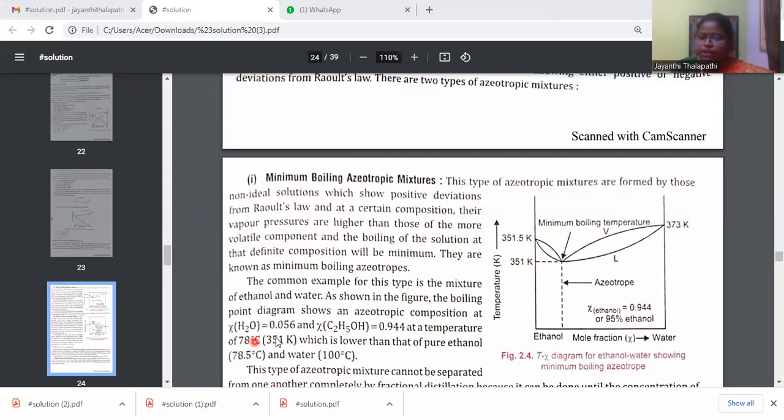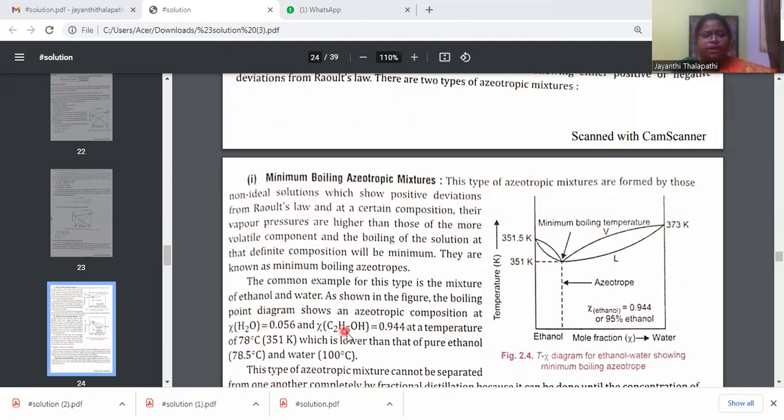But together, at what temperature does it boil as the ethanol solution? 78 degrees Celsius, which is lower than the pure ethanol's boiling point and lower than the pure water's boiling point, right? So the boiling point decreases, pressure increases. That's why we say positive deviation from Raoult's law.